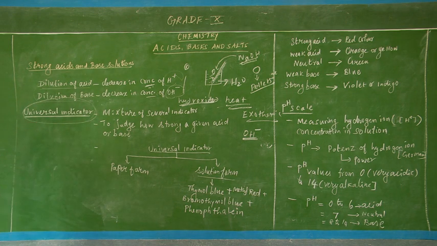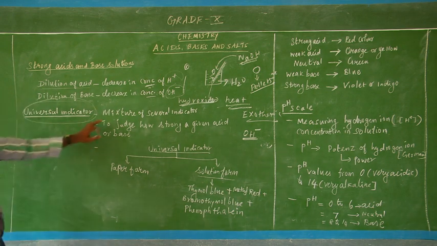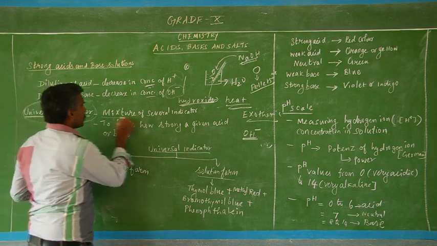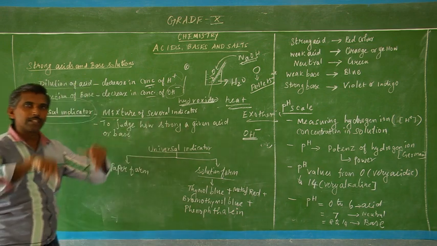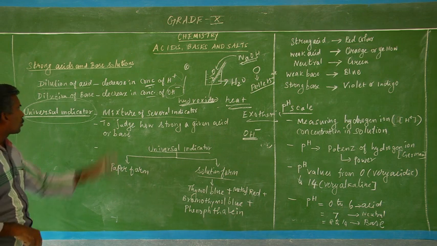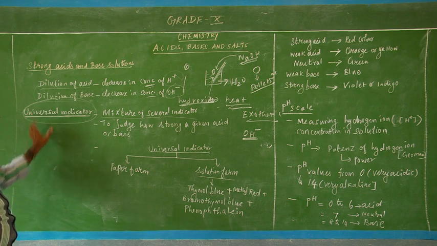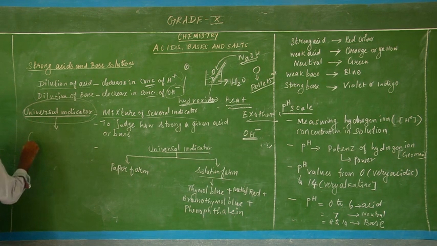What is the meaning of universal indicator? Universal indicator is a mixture of several indicators.